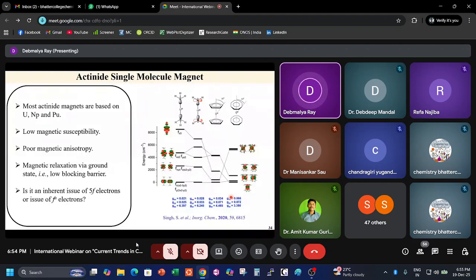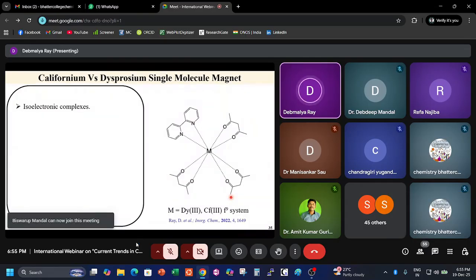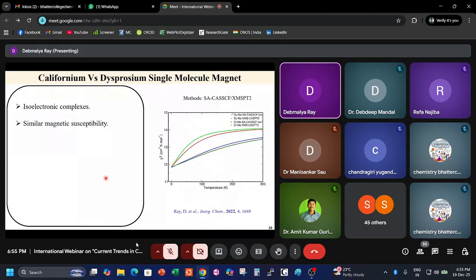So the question we started to look at is whether it is really an issue of the 5f electron that makes it a bad magnet, or is it a problem of the electronic configuration, like how many f electrons you have in the metal. So our obvious choice was dysprosium and californium because they are both f9 systems, one is a 4f9 and one is a 5f9. So they are isoelectronic in terms of their valence electrons.